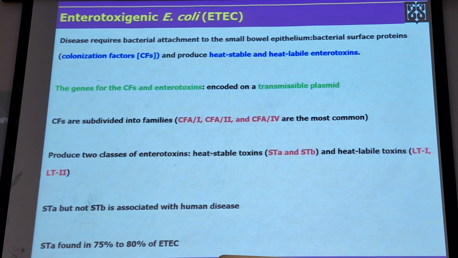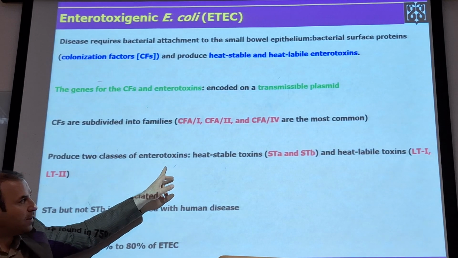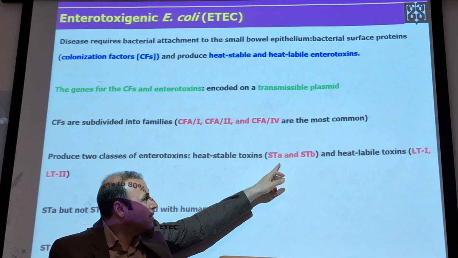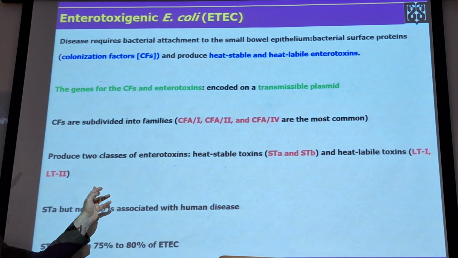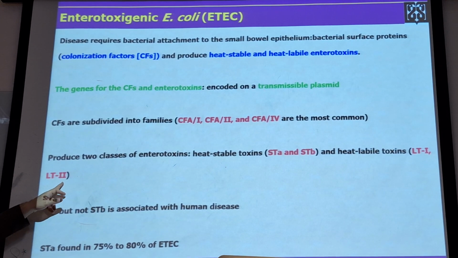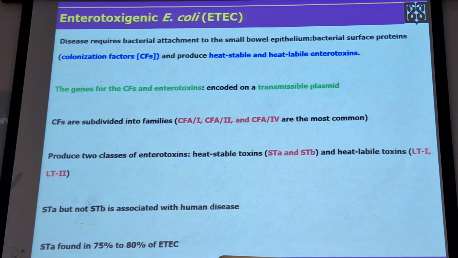After attachment by colonizing factor, ETEC produces two classes of enterotoxin: STa and STb, the heat-stable toxins, and LT1 and LT2, the heat-labile toxins. What's the difference between them?